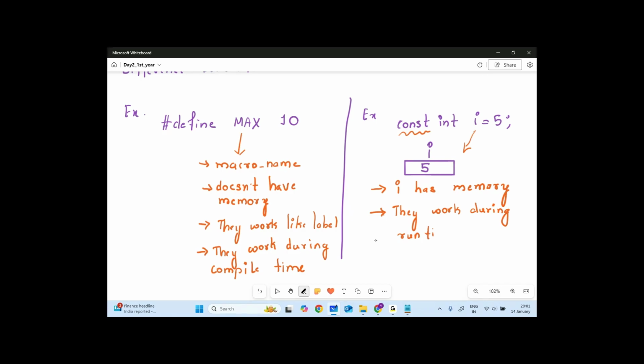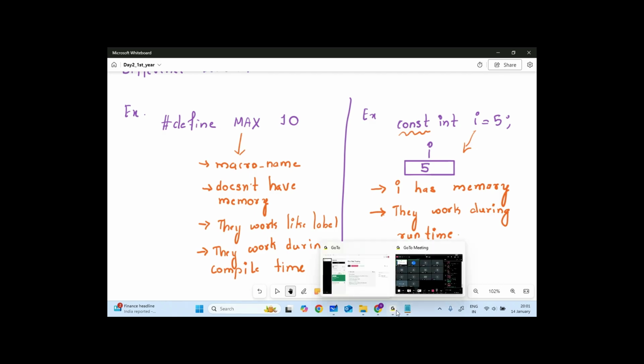That's the difference between these two. So first of all, macros do not have a memory. Constant variables have a memory. Are you getting my point? And macros work during compile time, and the variables are substituted with the respective value during runtime.